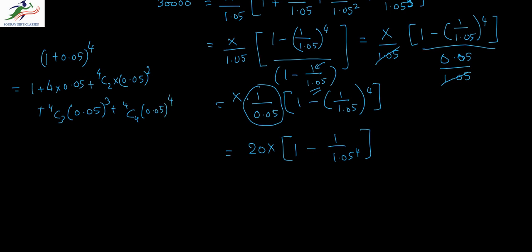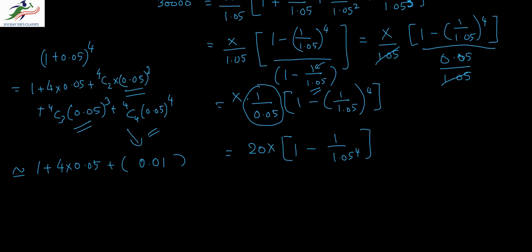Now observe that each of the terms is decreasing in exponential order. So 0.05 squared would mean 0.0025, this would be even smaller, this would be even smaller. So therefore this can be written roughly as 1 plus 4 into 0.05, and the rest of the terms can be roughly taken as 0.01, because all these would be smaller than that.